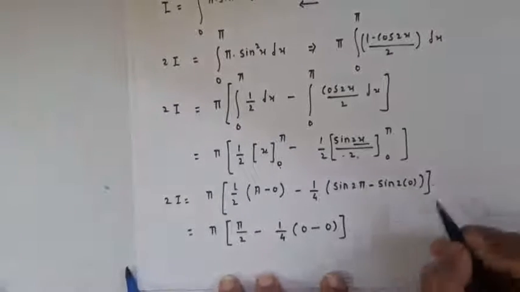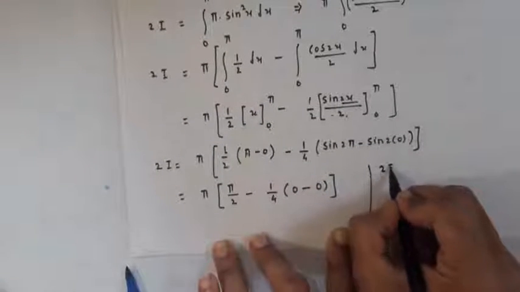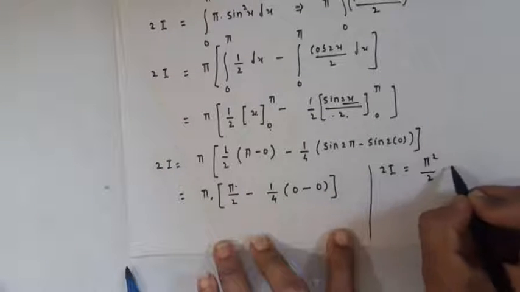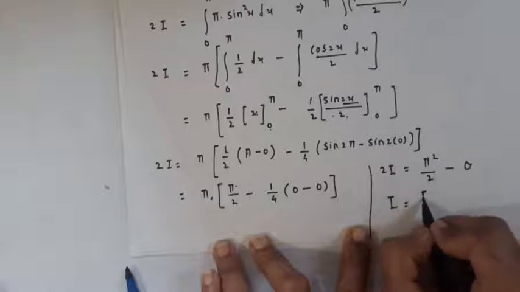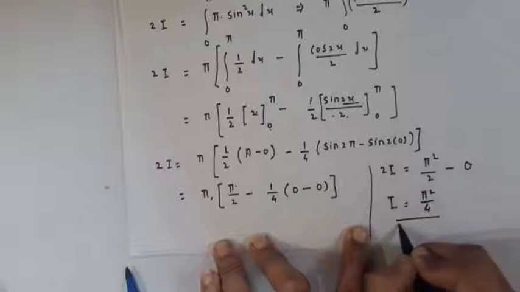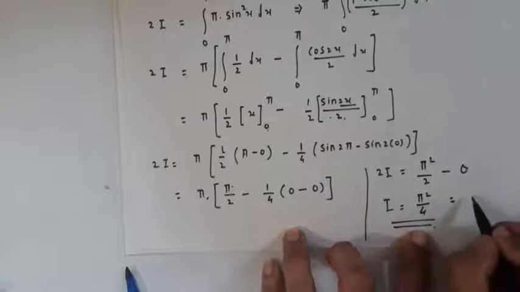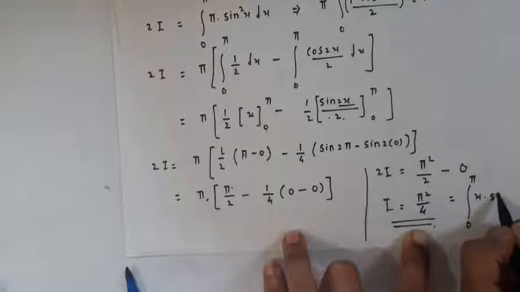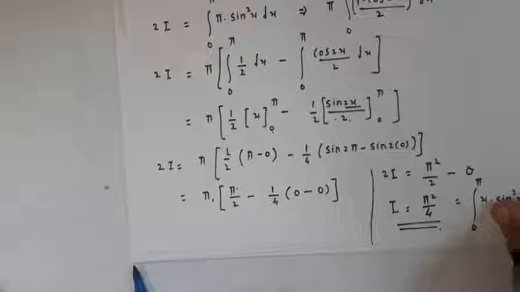So 2I equals pi square upon 2 minus 0, and therefore I equals pi square by 4. This is the final answer of the given integral, the integral from 0 to pi of x into sine square of x with respect to x. Now the next problem.